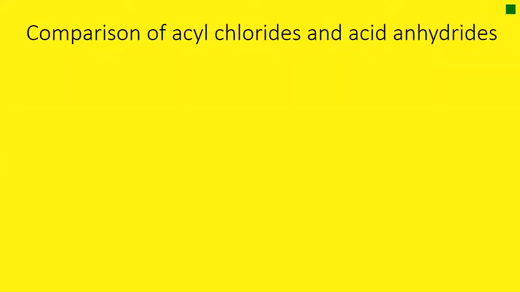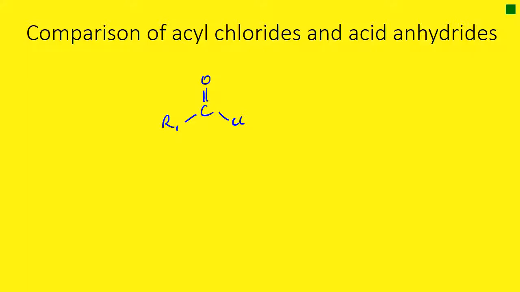Let's just make a comparison of acyl chlorides and acid anhydrides. Let's draw out a generic acyl chloride. So let's do that in blue. So a generic acyl chloride, let's start off with our carbonyl group, and it's going to have a chloride, and let's call this R1. Could be a methyl, could be propyl, could be any alkyl group.